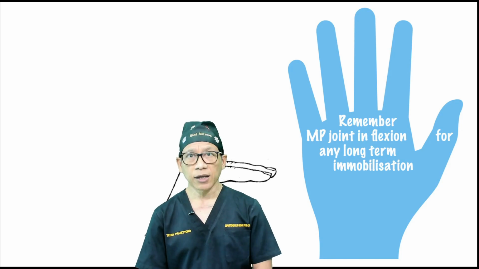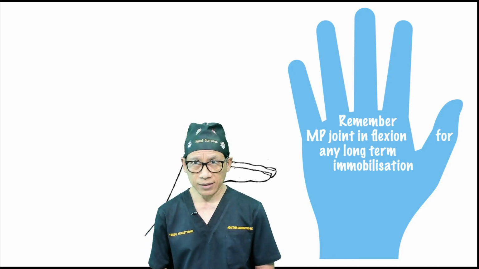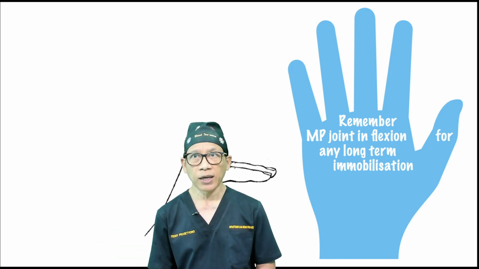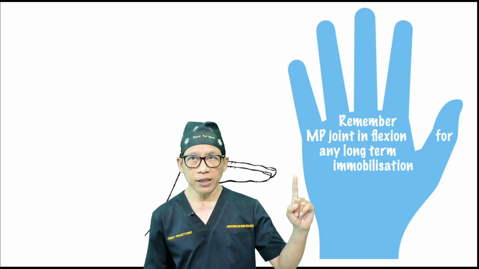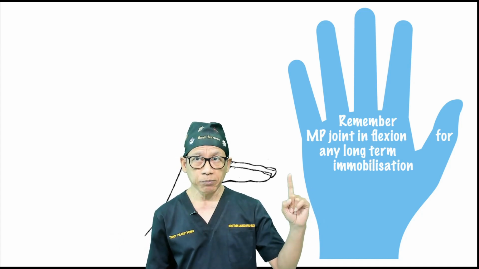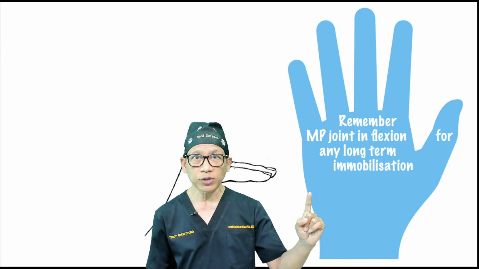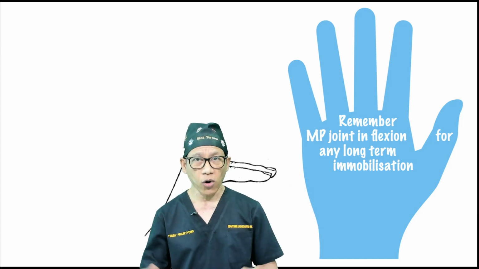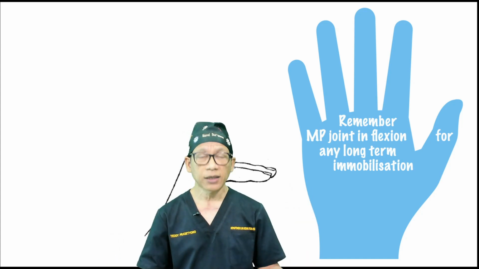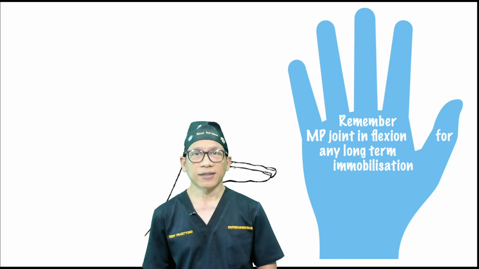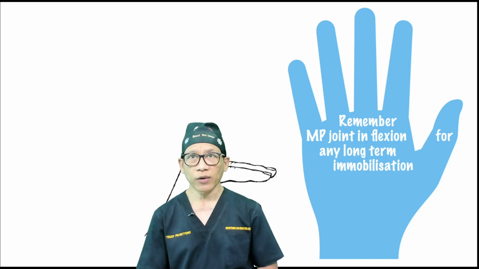Once again, before I end this session, I just want to remind you that the MP joint is a very important joint for the fingers, and put it in flexion anytime you can predict that long-term immobilization is needed to heal the wound of the patient.